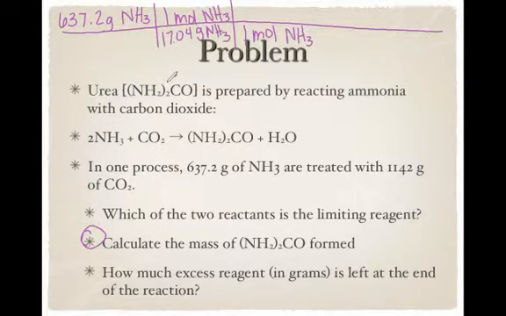For every 2 moles of ammonia, how much urea do we produce? For every 2 ammonias, we get 1 urea. I'm going to just call it urea instead of writing all that out. That should say 1 mole, too.